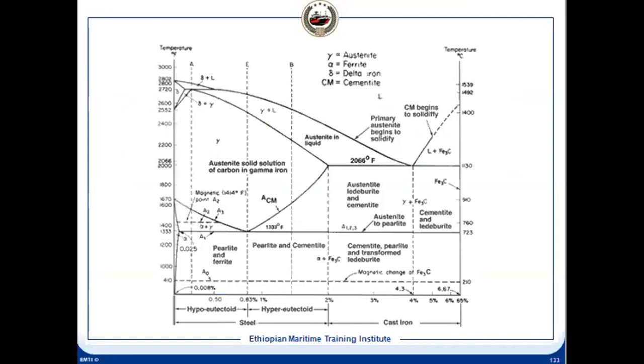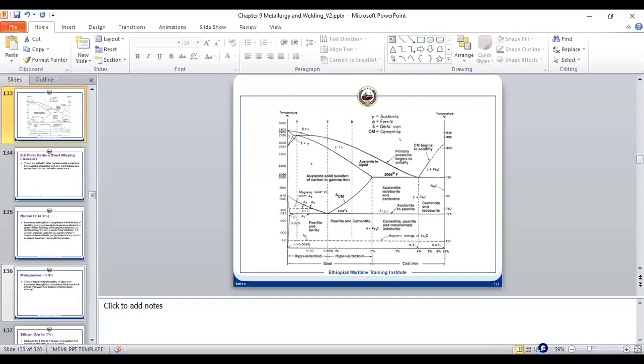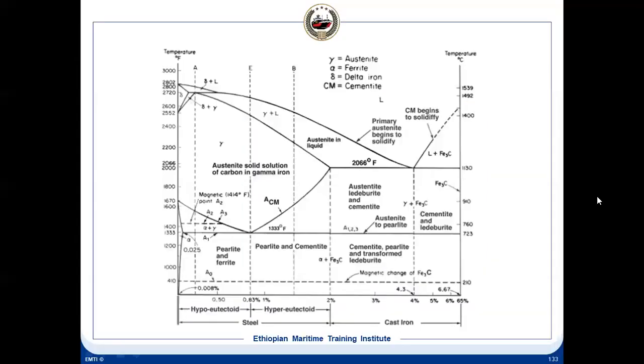So we'll understand this phase diagram of iron and carbon. In this diagram, this is the eutectic temperature.